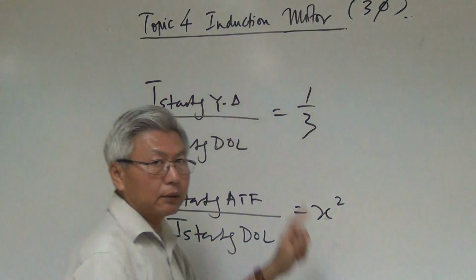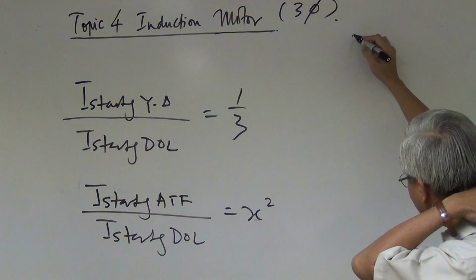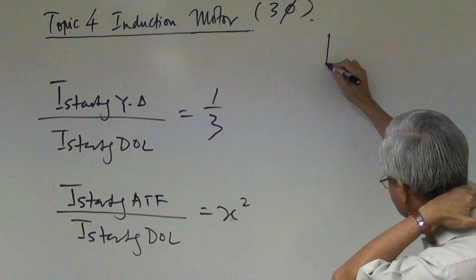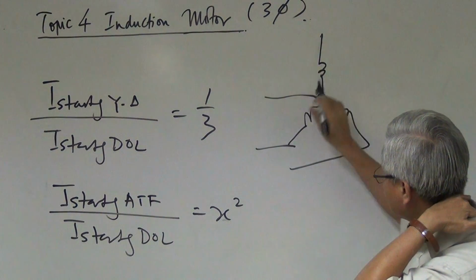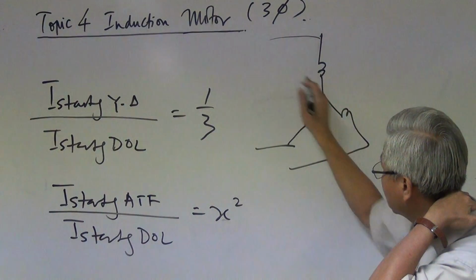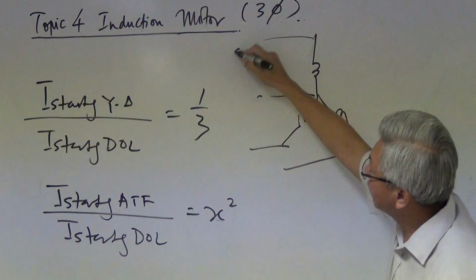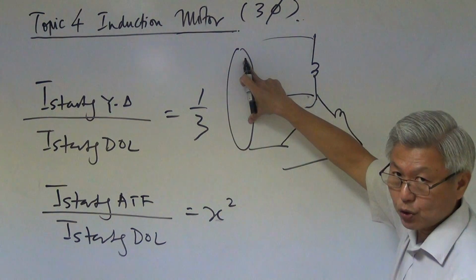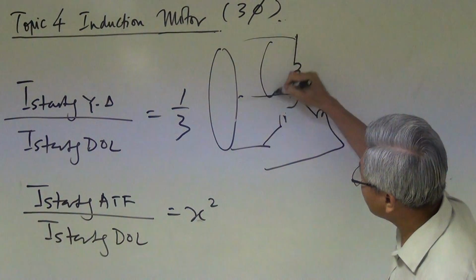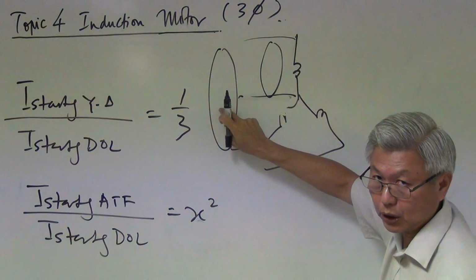Now, the star-delta method basically means you start the circuit in a star method. Remember, this is your star circuit, the star circuit, right? And in a star circuit, how come you can reduce the starting current is because the phase voltage is 1 over square root 3 of the line voltage.